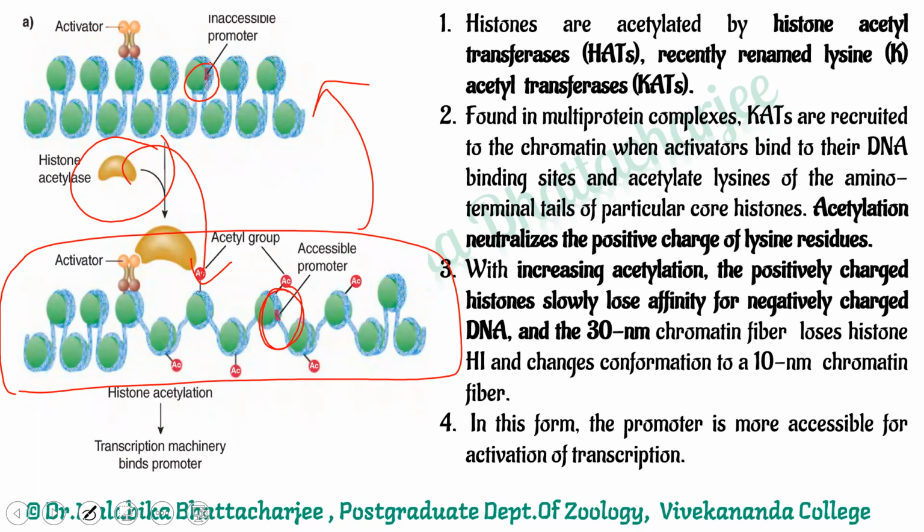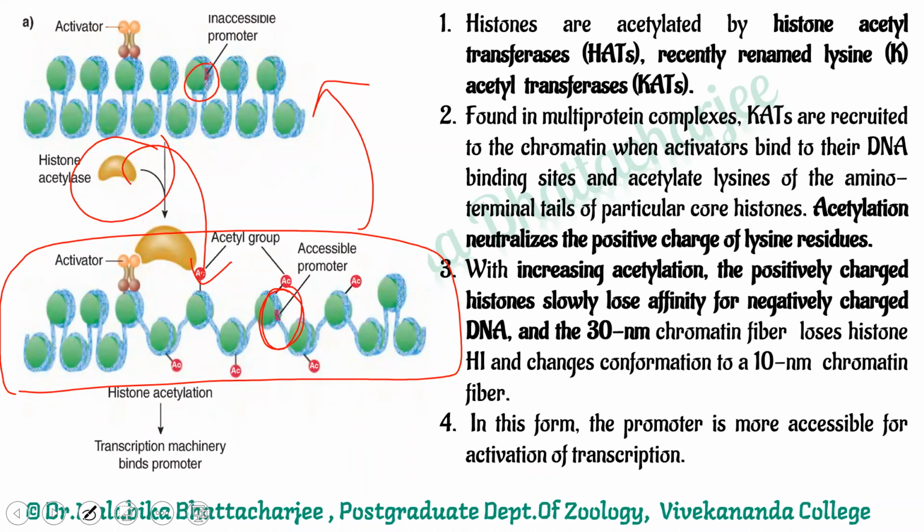So the positive charge is decreasing. If the positive charge of the histones tends to move towards 0, then automatically DNA's electrostatic attraction for the histones will also decrease. It is because of this decrease in electrostatic interaction that DNA tends to open up when histone acetylation occurs.